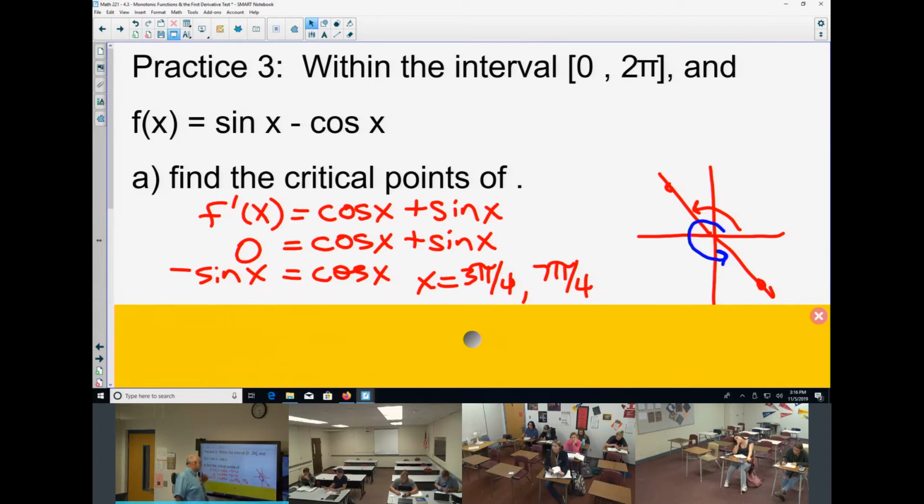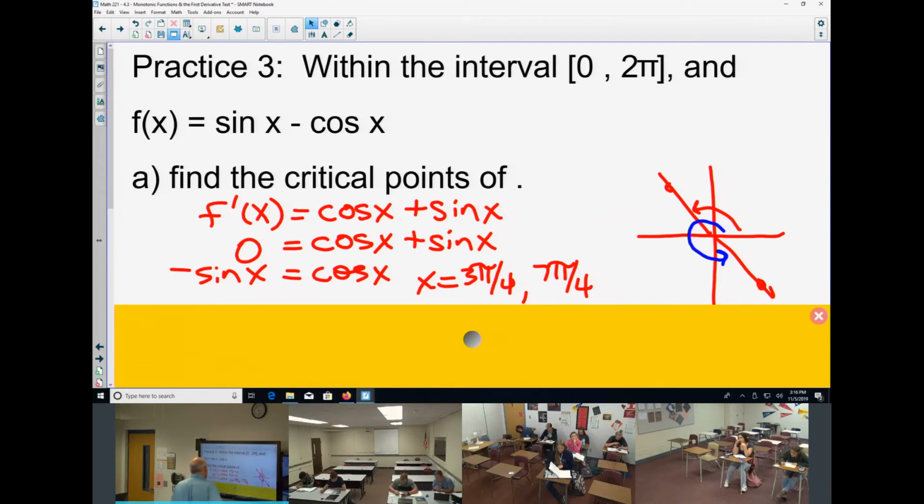The tough thing is you have to remember that from the unit circle. Did anybody remember those were the angles where sine and cosine are opposite? And pi fourths and 5 pi fourths are where they're equal.